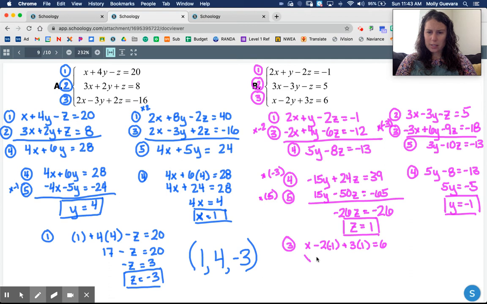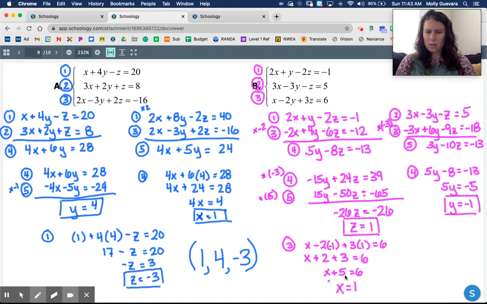So I have x plus 2 plus 3 equals 6. Solve, solve, solve, right? X plus 5 equals 6. So x equals 1. Lots of 1s on this one.